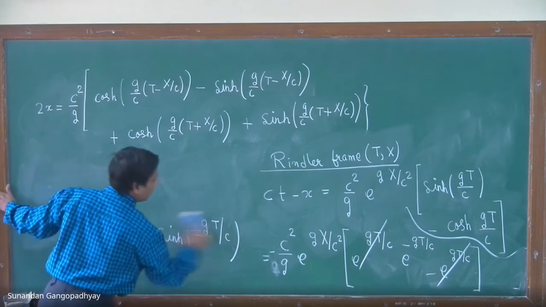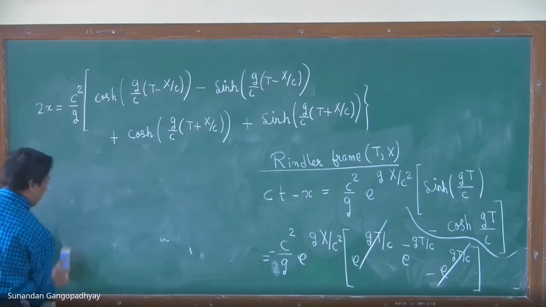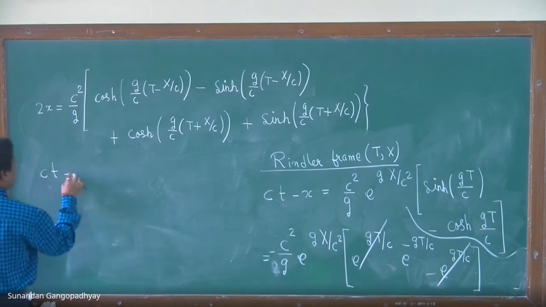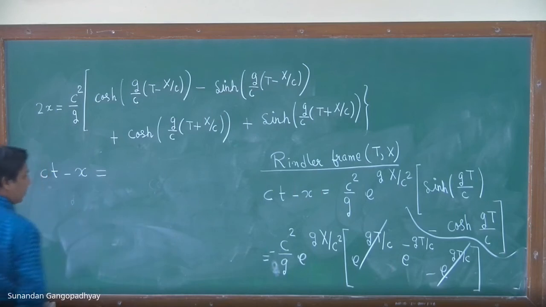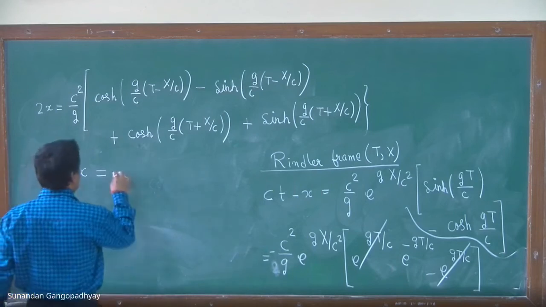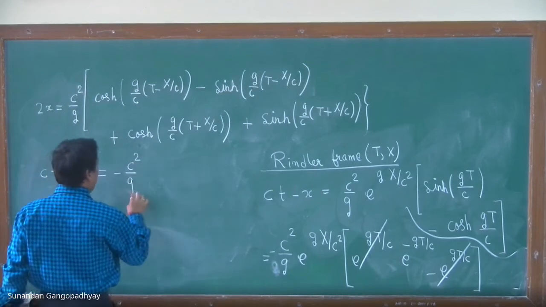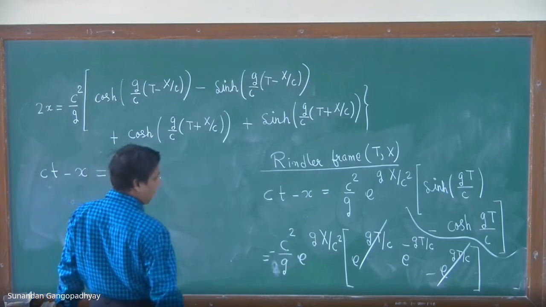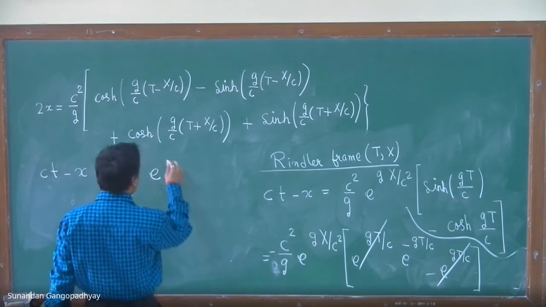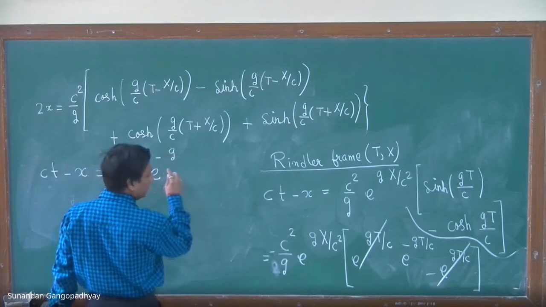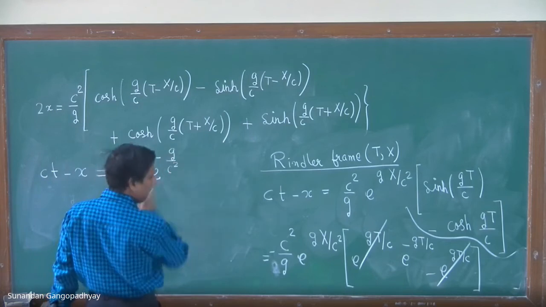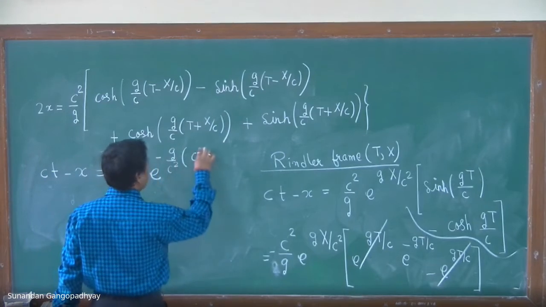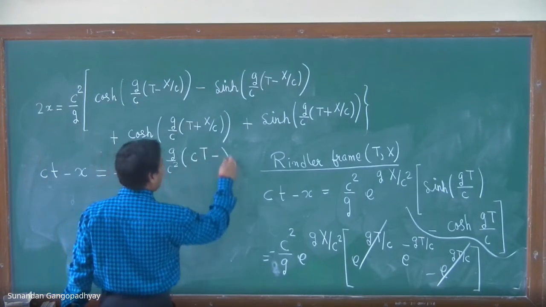You know what the transformations are, and therefore you can write this as ct minus x is equal to minus c square by g to the power of minus g by ct, right?